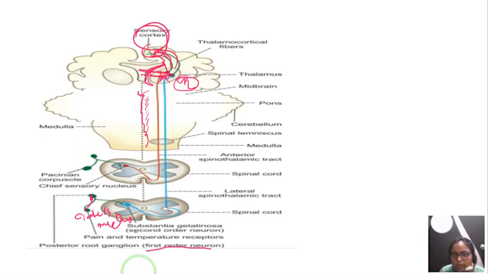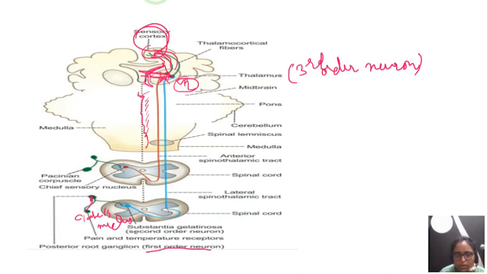Is it clear? Here at the thalamus it forms your third order neuron. This is your lateral spinothalamic tract. It is very easy. No need to learn it, just understand it, and you will learn it itself.